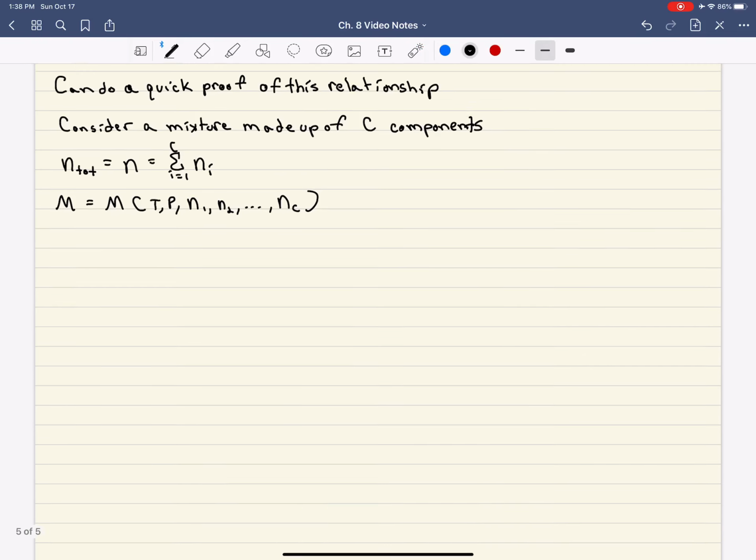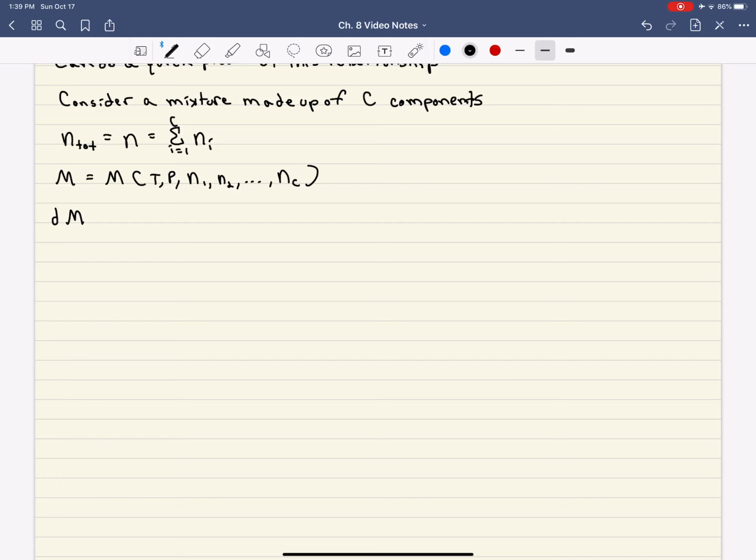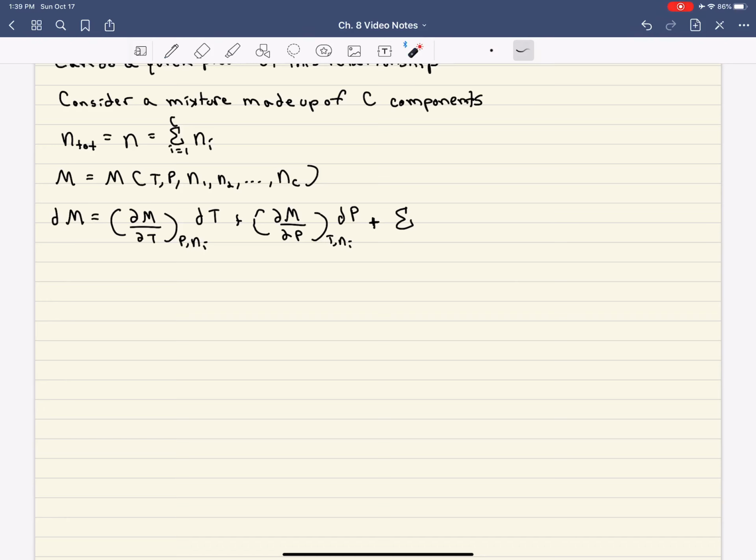Okay, in any case, if we take the total derivative of M, it follows this format: the partial of M with respect to T at constant P and all of our N_i's, dT, plus the partial of M with respect to P at constant T and N_i, dP. And then we're essentially also going to take the partial derivative of M with respect to every single one of these different chemical species.